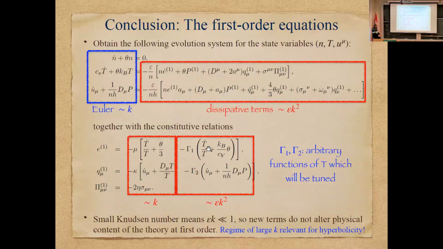It will add some terms that depend on gamma 1 and gamma 2, so it will look like this. Within the hydrodynamic approximation, these are lower order terms, so you don't modify the physical content of your theory. But these 2 parameters, gamma 1 and gamma 2, will be important both to achieve hyperbolicity and stability of the equilibrium state.